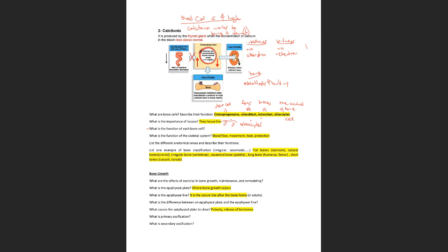Now, what is the function of the skeletal system? The main function is for movement, okay? It allows us to move. It also helps to produce heat to keep our body warm, and it provides protection for our organs. Another function that people don't know about is blood flow, okay?